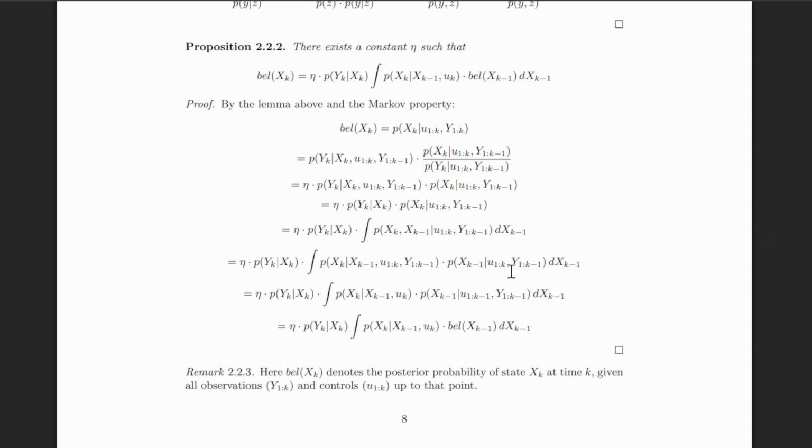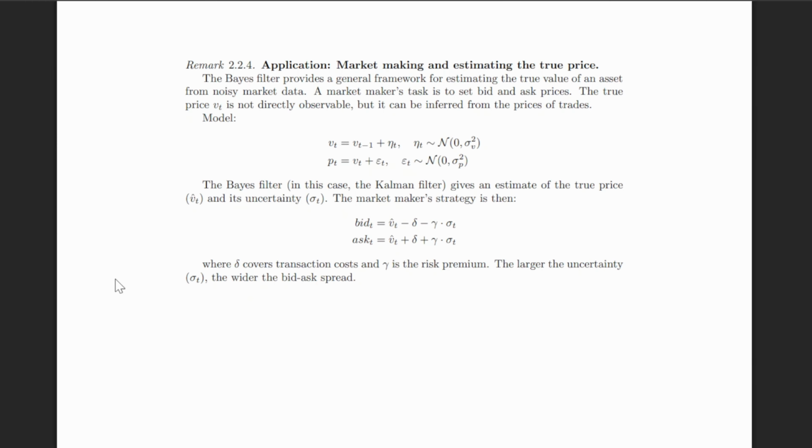In the next step, we use the fact that every y_j can be expressed as a function of x_j and n_j, and also use the Markov property. And last time we noticed that this expression is exactly the definition of bel(x_{k-1}), and this is what we wanted.